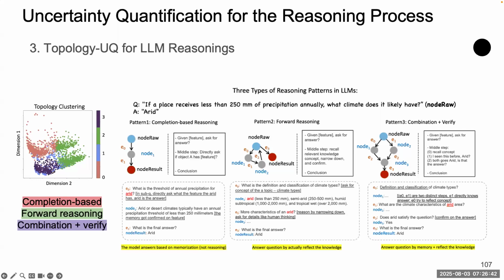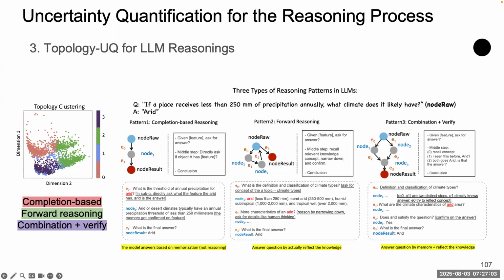And the second paradigm here is what they believe is how humans think. The second category is called forward reasoning, and they try to recall the knowledge points and narrow down the range, so as to find the possible answers in a thought chain.